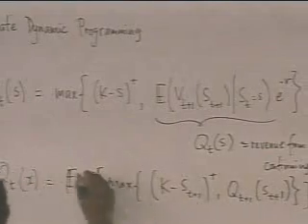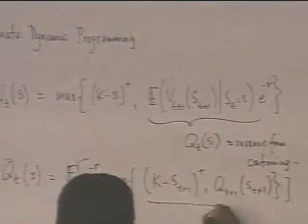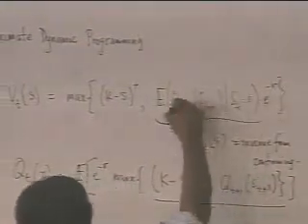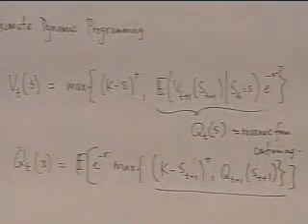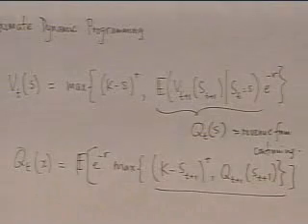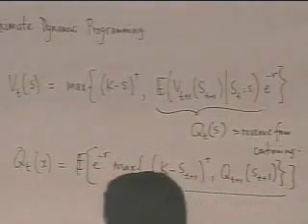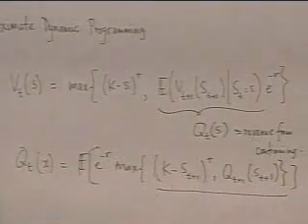All I did was replace this quantity here with an expression for V_{t+1}. Again, the point to remember right now is don't focus too much on how I got this recursion. So there is a recursion available.